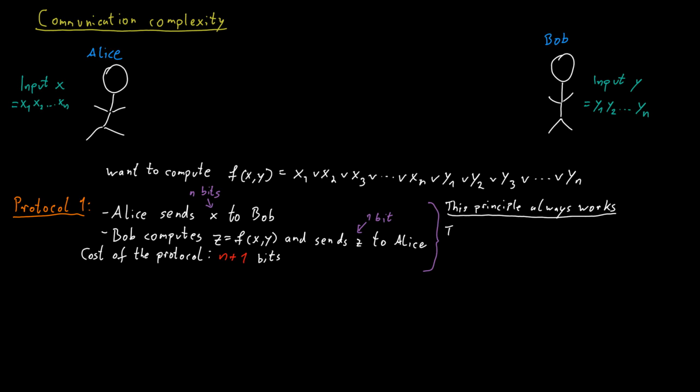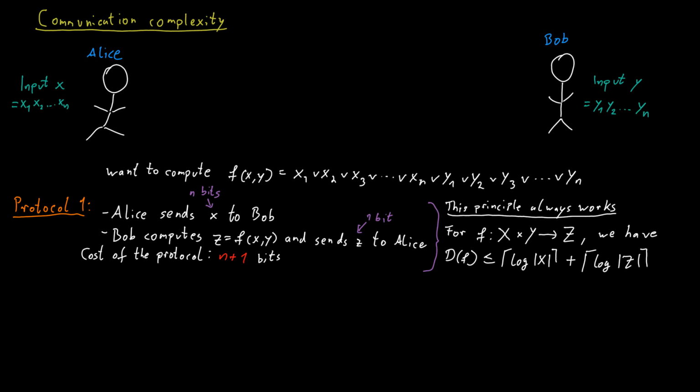So in general, if we have a function that maps some space X times Y onto Z, then the communication complexity of that function cannot be larger than log of the size of X plus log of the size of Z. And this is because this protocol shows that such a communication complexity is achievable. How many bits do we need to transmit from Alice to Bob?